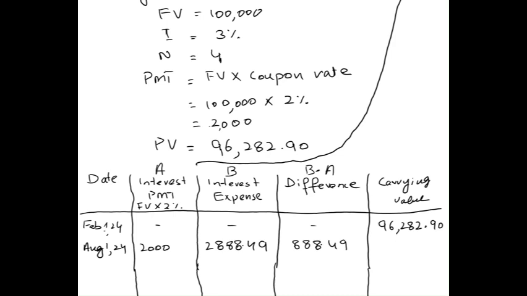And then you add this difference to this carrying value. So this difference gets added to this previous carrying value. So this will be 97,171.39.